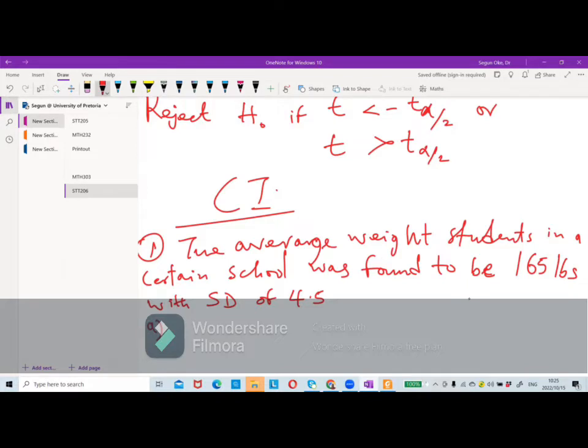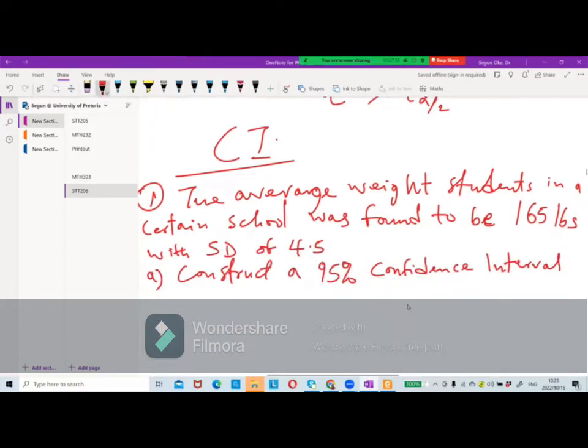A, construct a 95% confidence interval for the population mean.